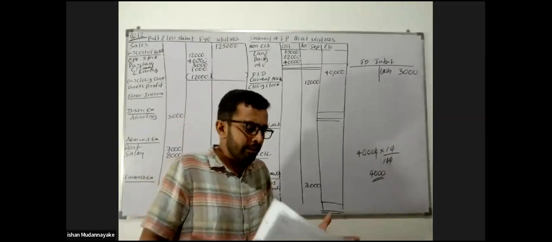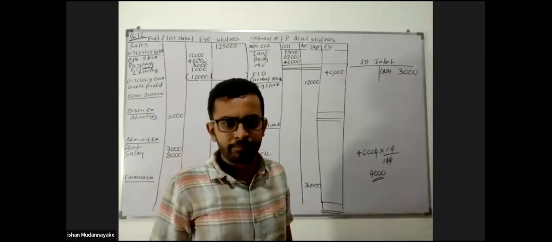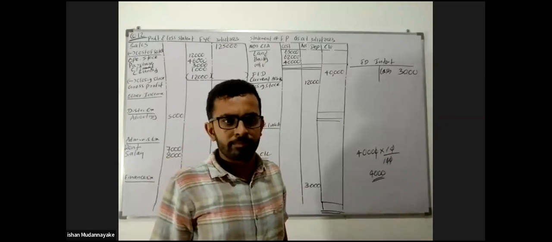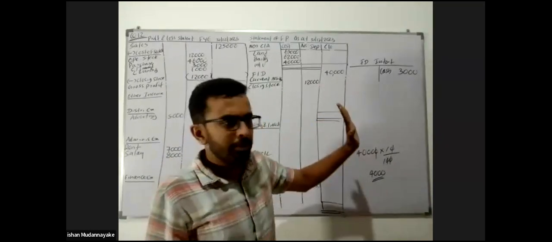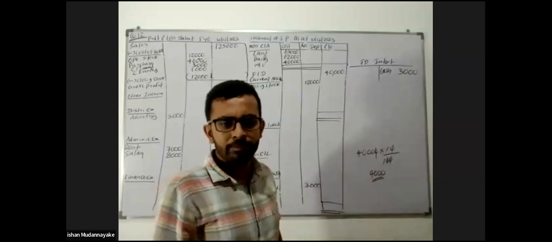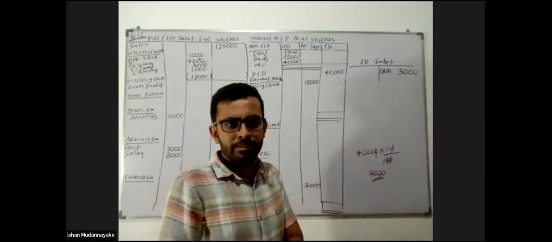On the other hand, that 1,000 is an income of the business. Fixed deposit interest received amount 3,000, but another 1,000 receivable, as well as that 1,000 income of the business.